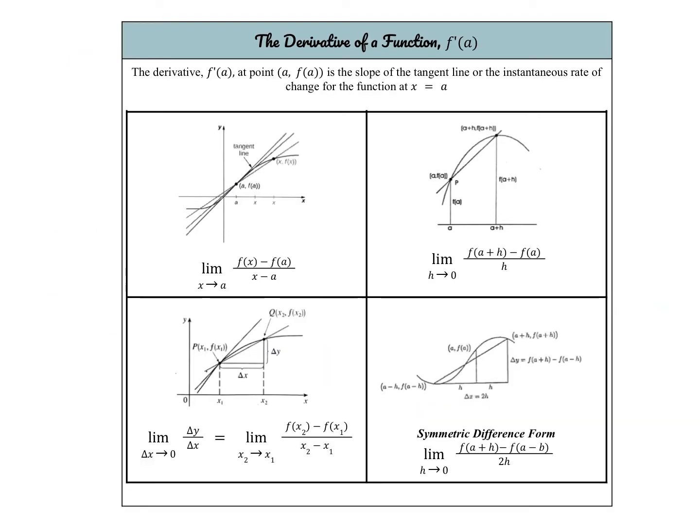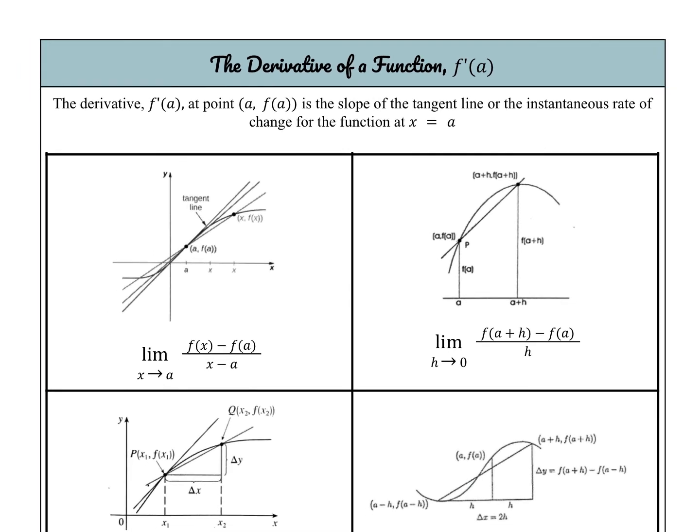All right, so all this stuff we've been doing, finding the slope of our tangent line or finding the instantaneous rate of change of our function, we've actually just been finding the derivative of our function. So that's what a derivative is. The derivative is simply the slope of our tangent line, or the instantaneous rate of change of our function at some point x equals a.